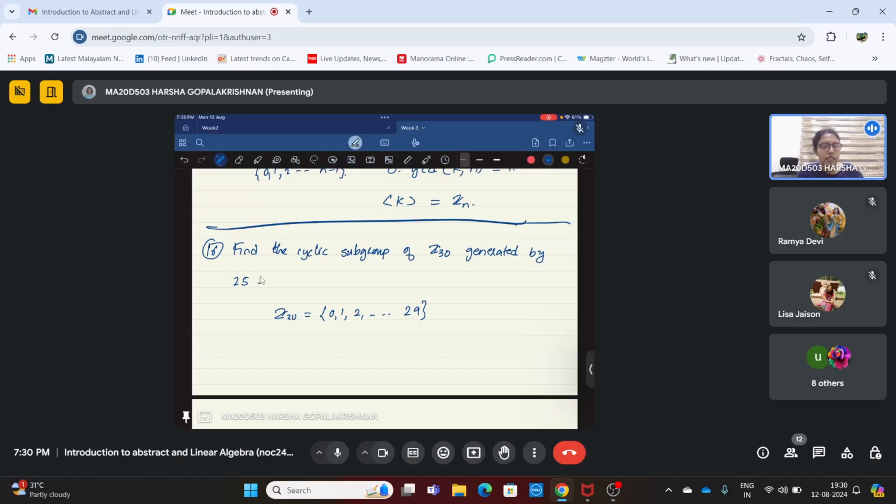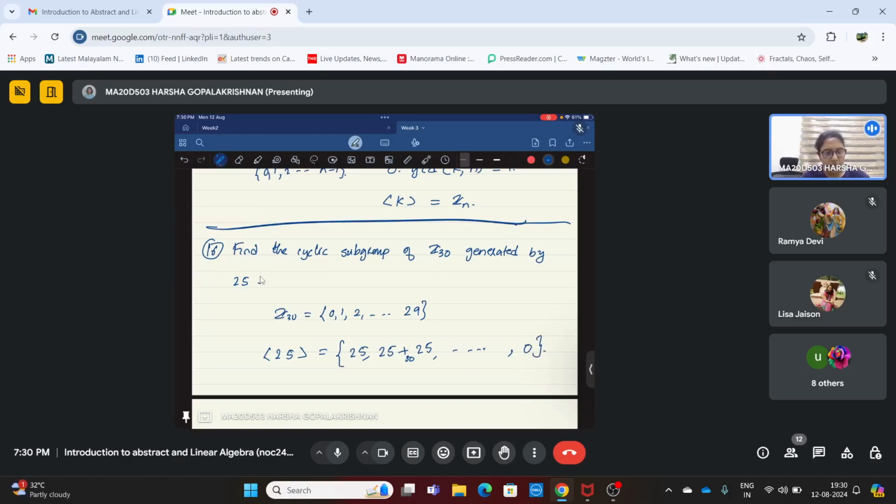So 25 is the generator of the cyclic subgroup generated by 25. What is 25? This is 25. Then 25 plus 25 under addition modulo 30, and we will do this till we reach the identity element.